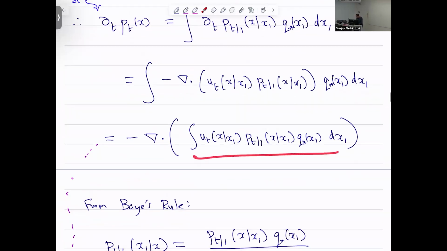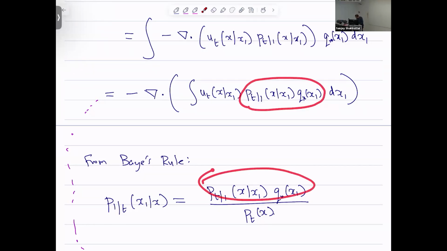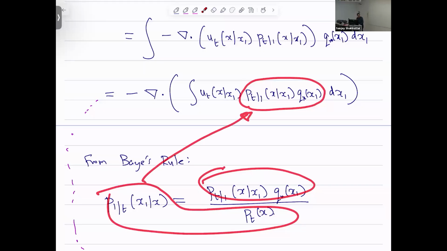Now let's look at this. Bayes' rule says the posterior, the density of p of 1 given t, is p of t given 1 times the data distribution divided by pt of x. I've just written Bayes' rule here. So if you look at this, this has a pt, this is the numerator of this. So I can look at this denominator and stick it in instead there.